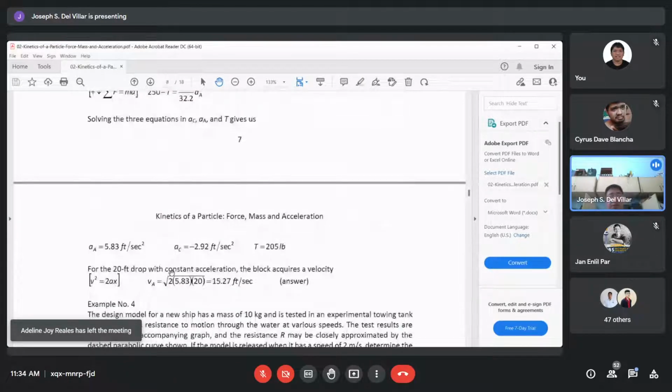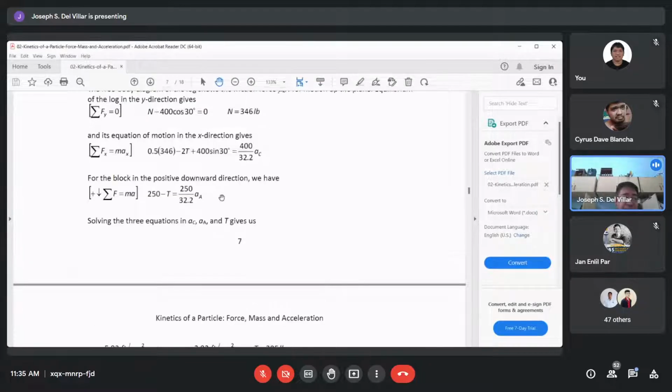So we have V squared is equal to 2AX. So VA is equal to the square root of 2 times 5.83 times 20. This 5.83 comes from the linear equations we solved.